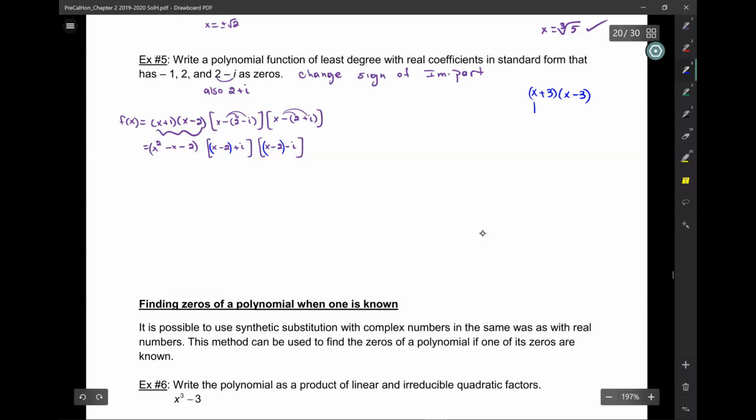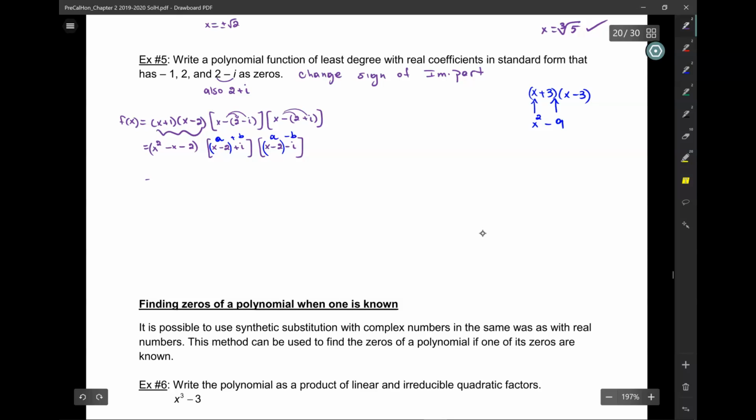Then what would happen? I would square this, and I would square this, and put a minus in the middle. So that's what we're going to do here. Now I have A plus B, A minus B.